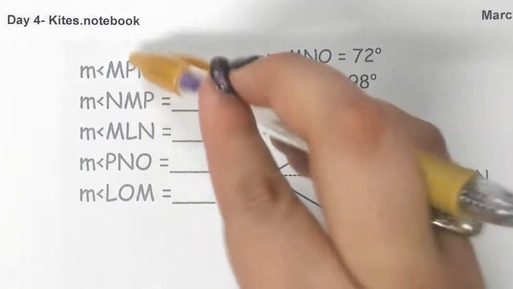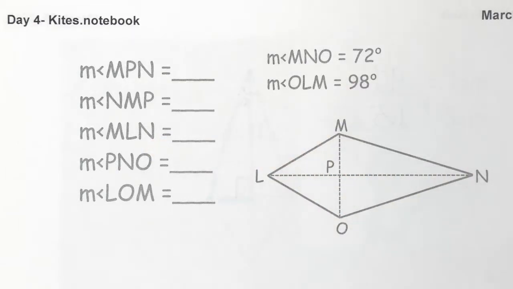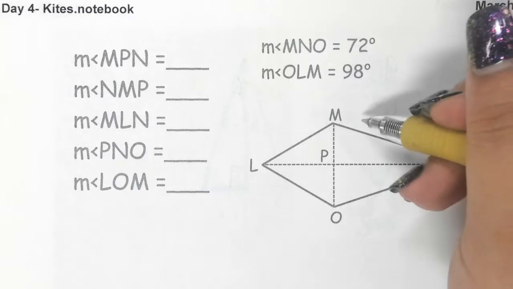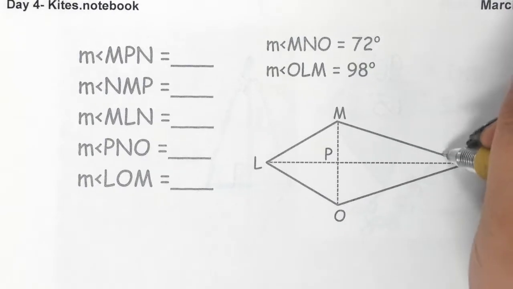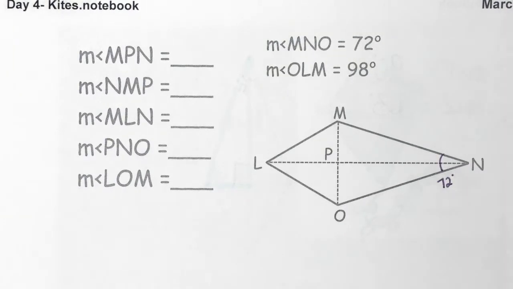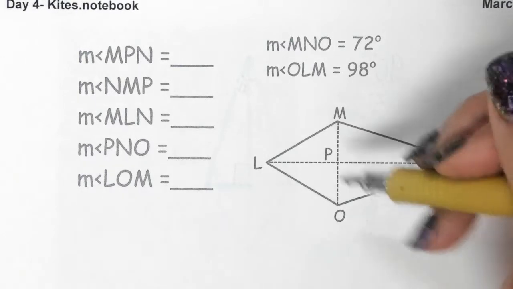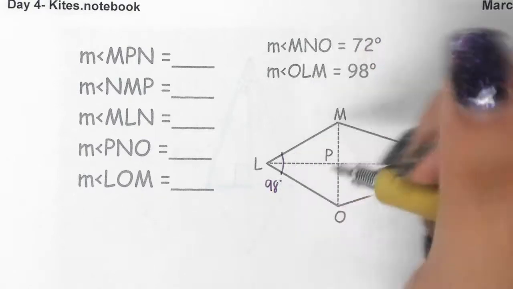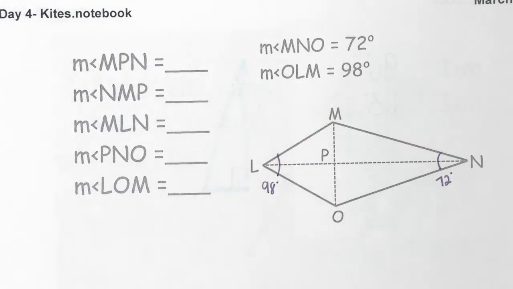You don't necessarily have to write all this down. You can just fill in the angles as we go. Just draw the picture. So the whole thing. Anyways, moving on. Write it down. Let's go. I'm not going to wait for you.